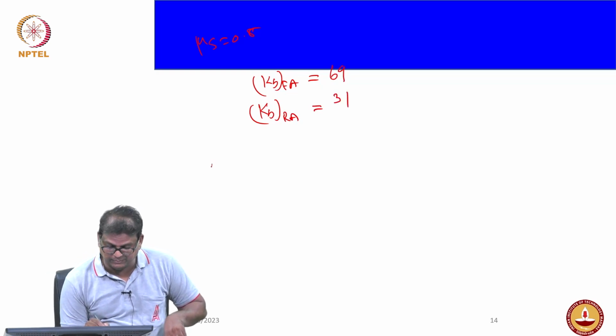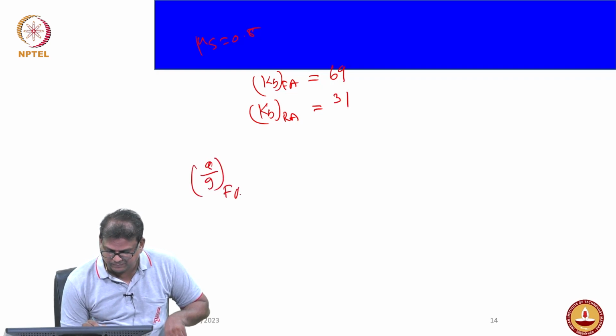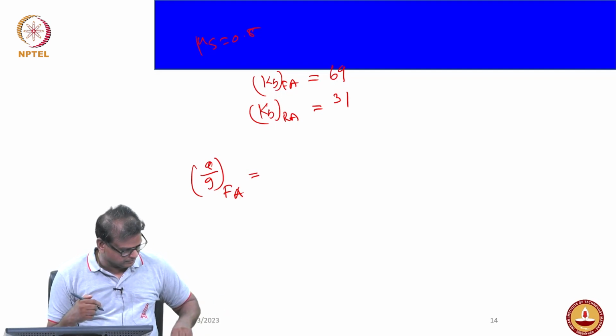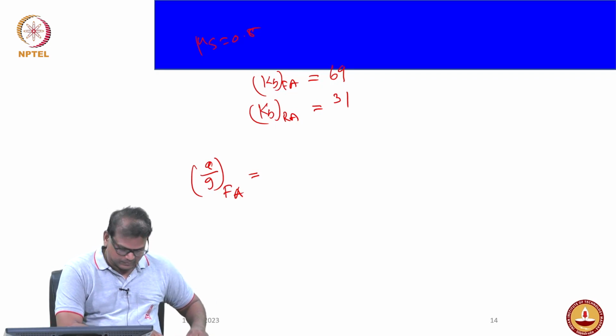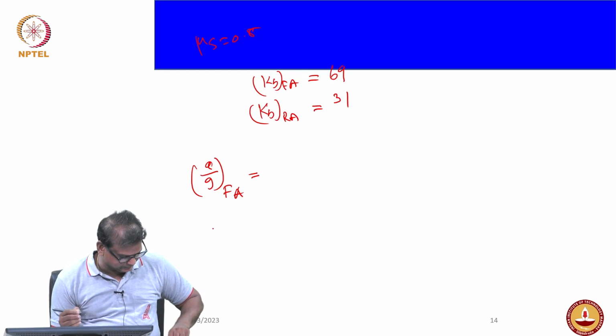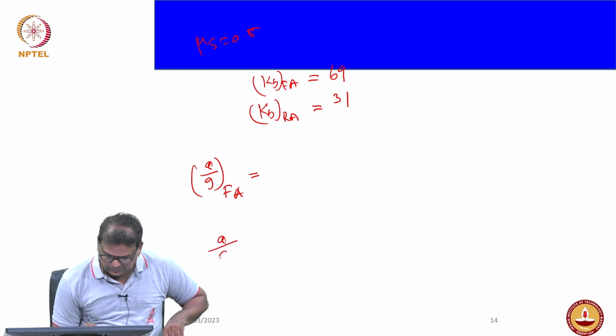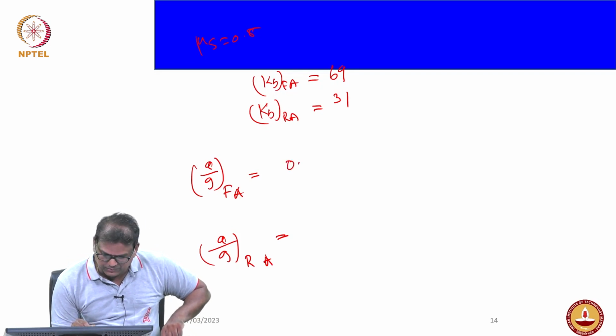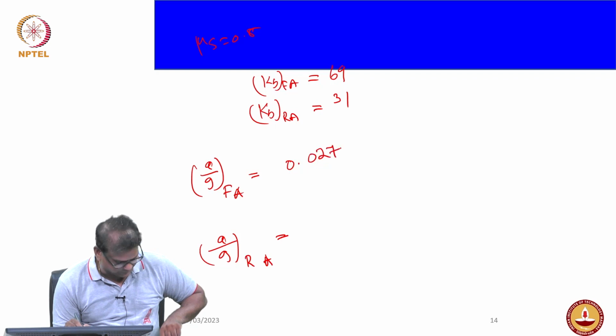So now we'll go for the A by G. I am straight away giving the answer: 0.027 and 0.8094.